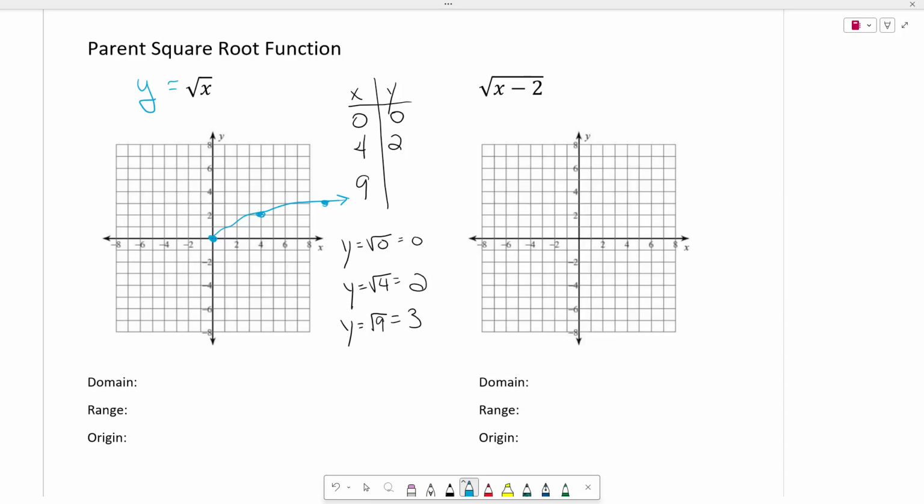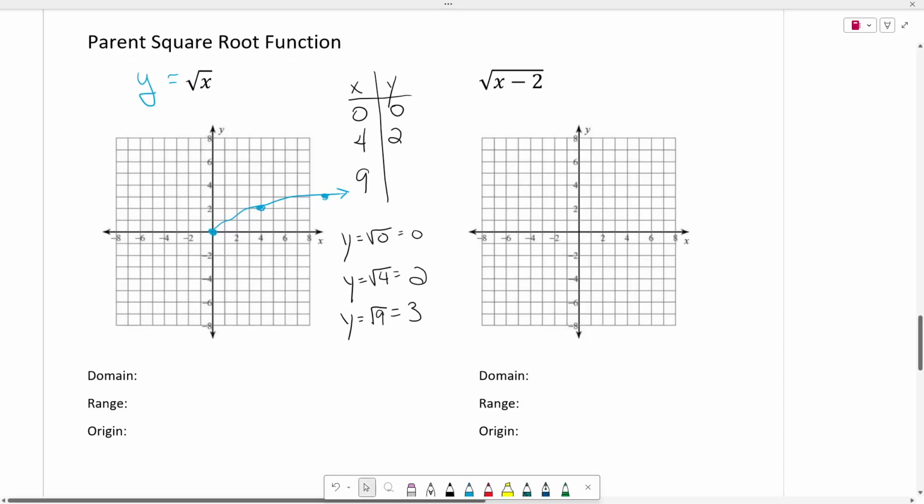The domain for this one starts at 0 and goes to infinity. My range would be the same for this particular one: start at 0 and go to infinity.